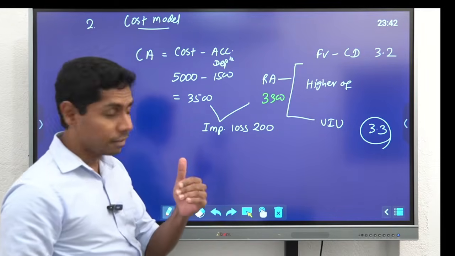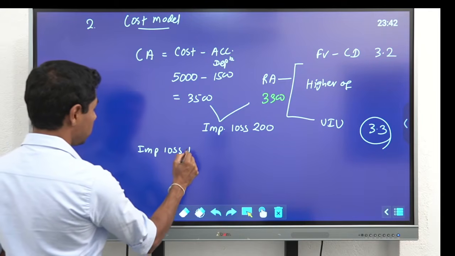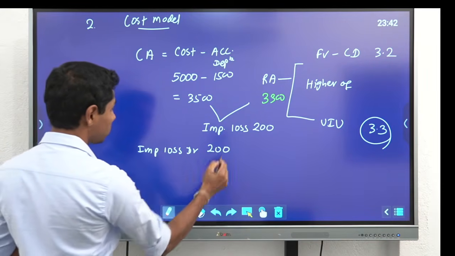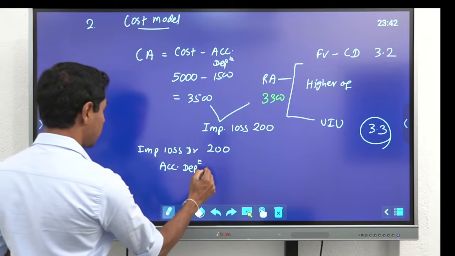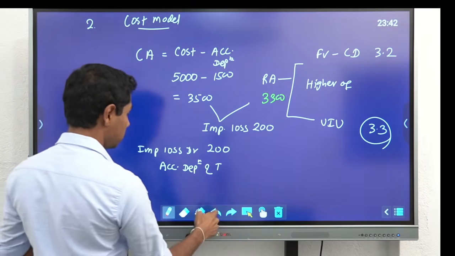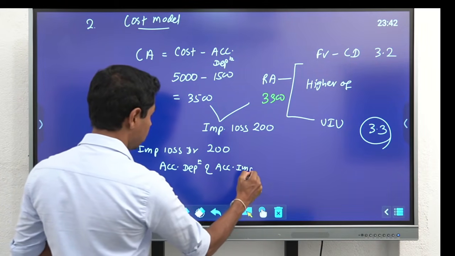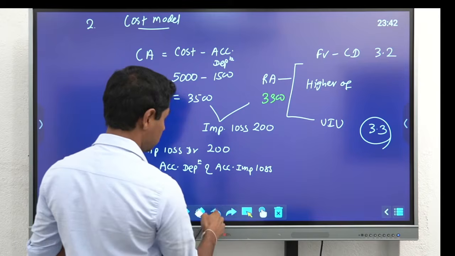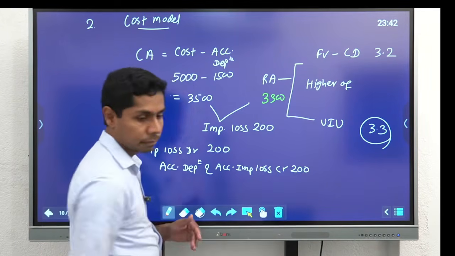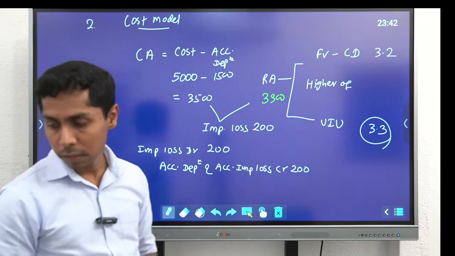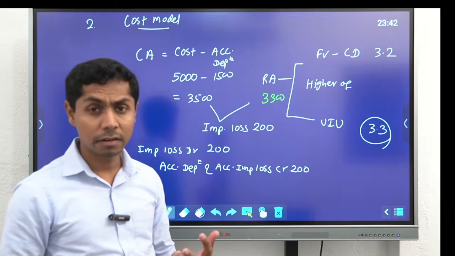So the journal entry, impairment loss account debit 200,000, accumulated depreciation and accumulated impairment loss account credit 200,000.